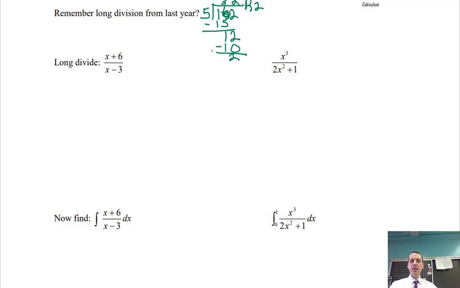Now what does that remainder of 2 really stand for? Well, let's look at 5 divided by 2. Well, we all know that 5 divided by 2 is 2.5. Well, how do we get that? Well, 2 goes into 5 2 times. You get 4. Subtract that, you get 1. Your remainder is 1.